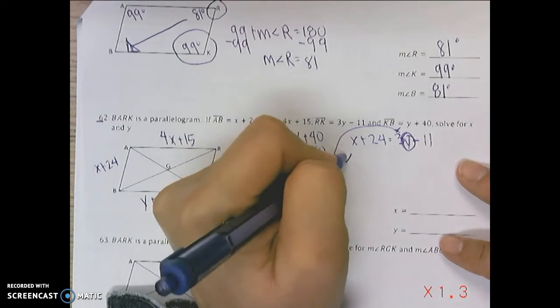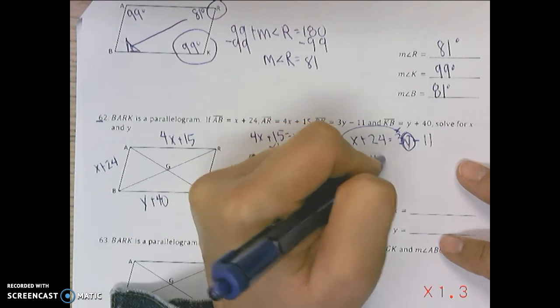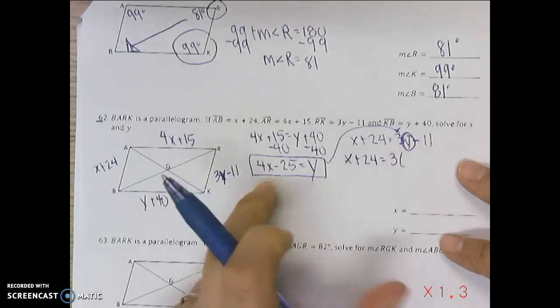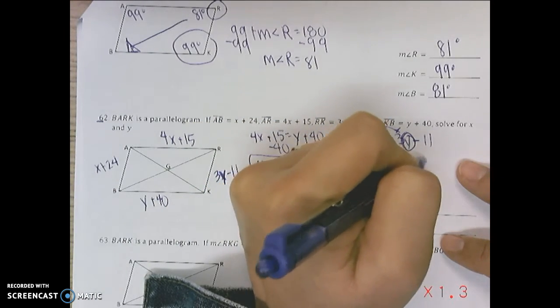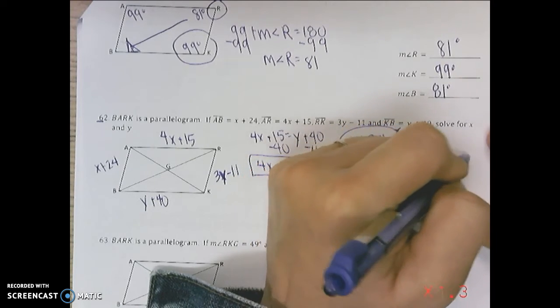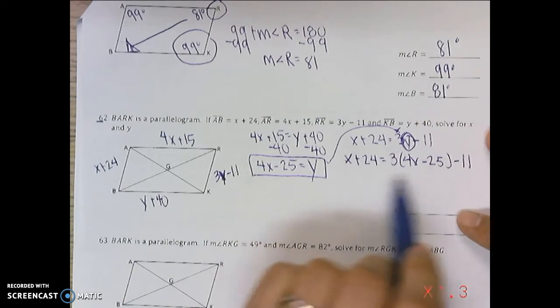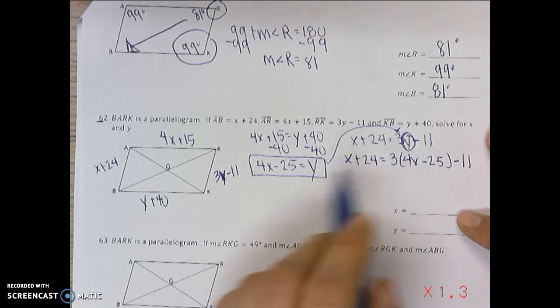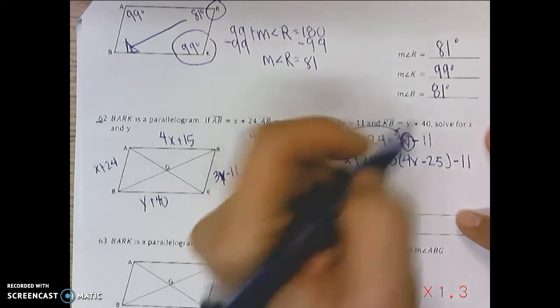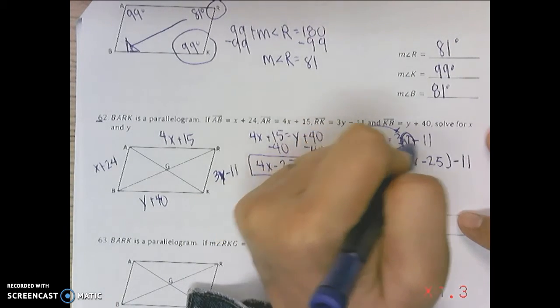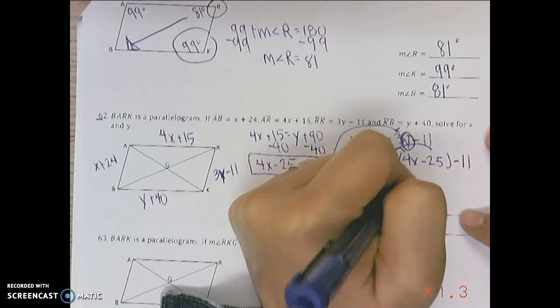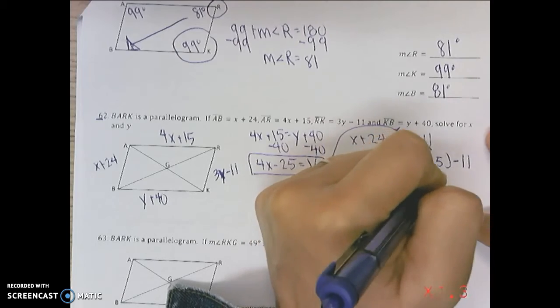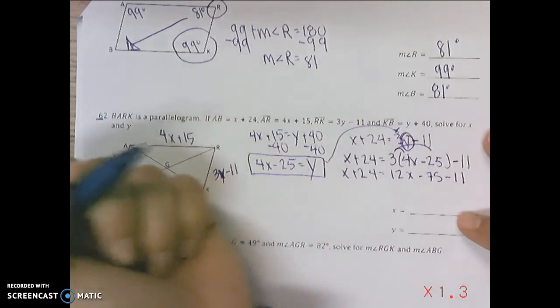I will have x plus 24 equals 3 times y, and remember, we already know what y is, 4x minus 25 minus 11. This is called substitution, where I'm taking whatever y is and plugging it in. I need to distribute, so I'll have x plus 24 equals 12x minus 75 minus 11.